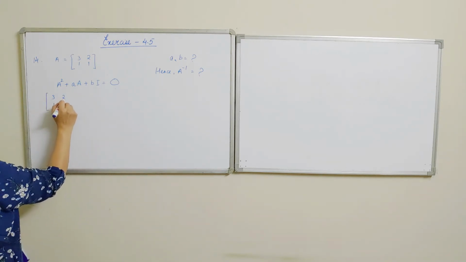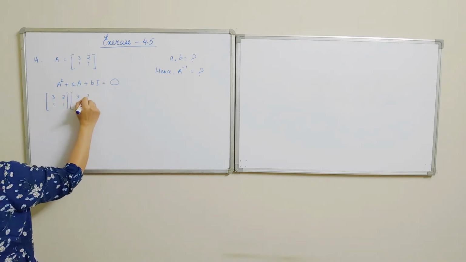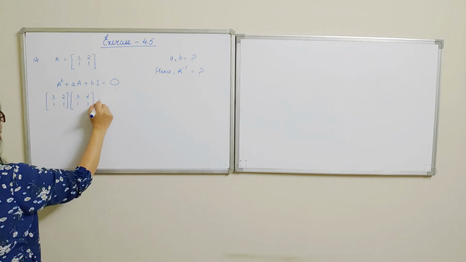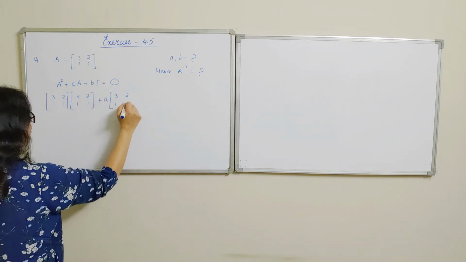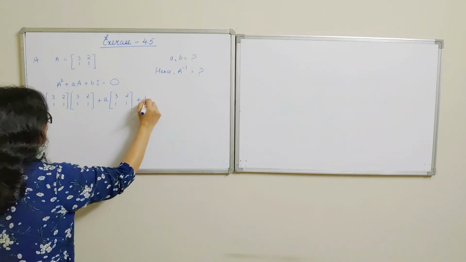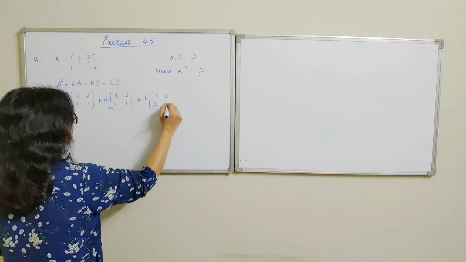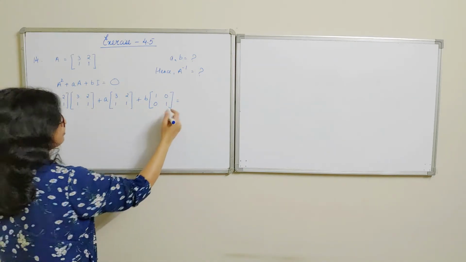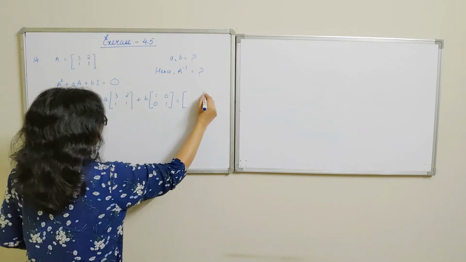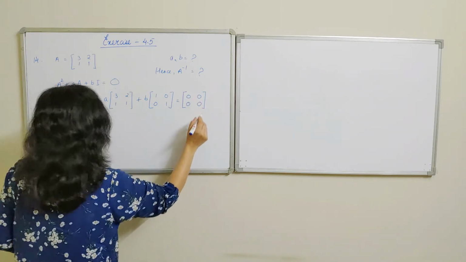A square means matrix A multiplied by itself plus a times matrix A plus b times identity matrix of same order, and because on the left side we have got square matrices of order 2, so we know that on the right side we have a 0 matrix of order 2 only.